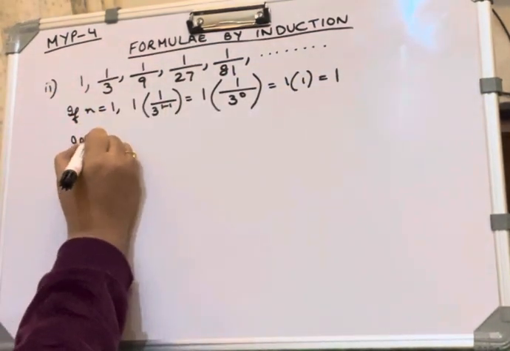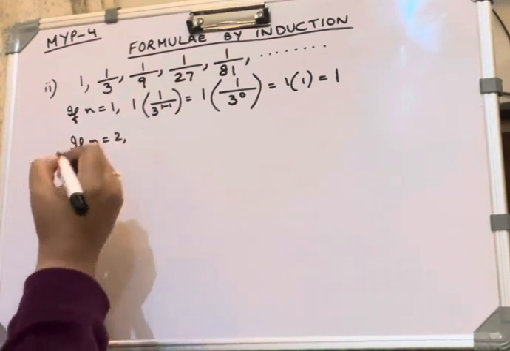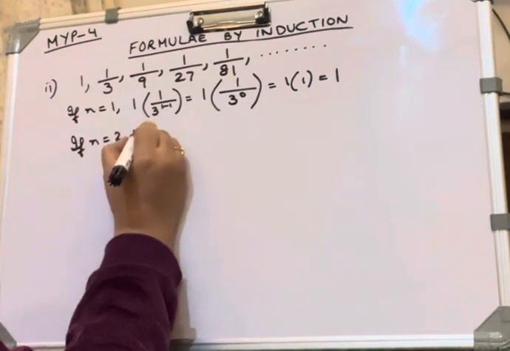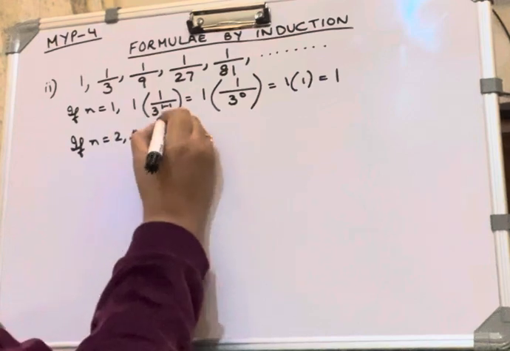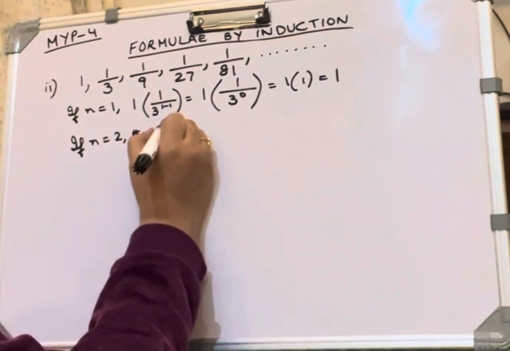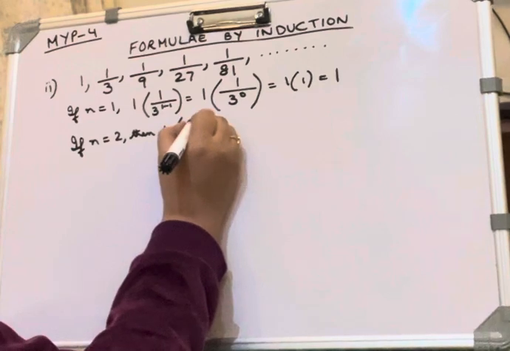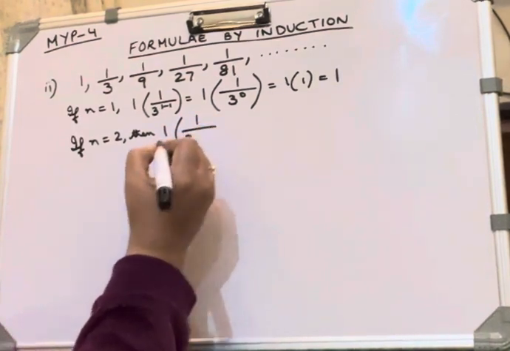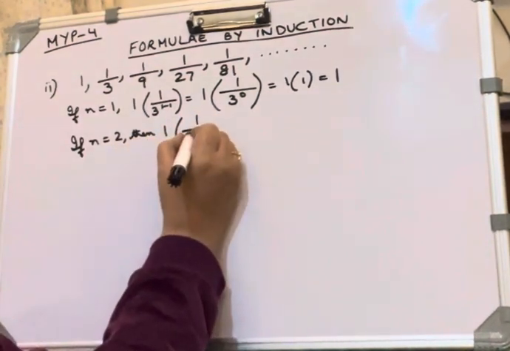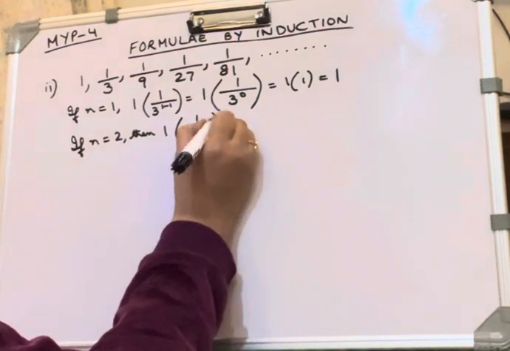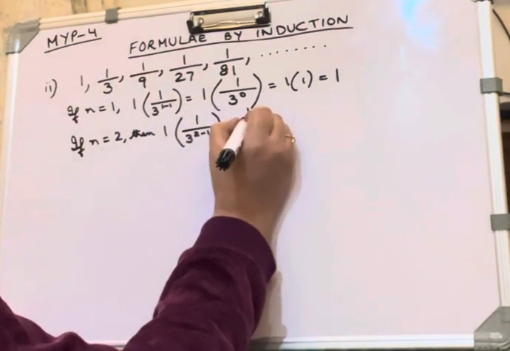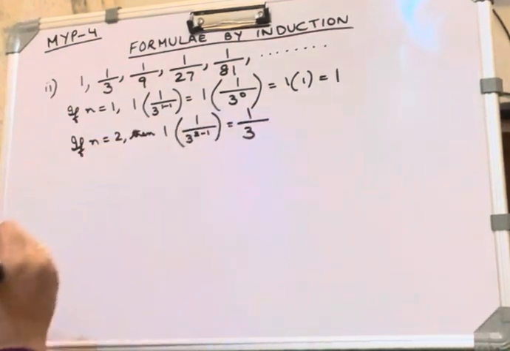If n is equal to 2, then the value is 1 into 1 by 3 to the power 2 minus 1, which is 1 by 3.